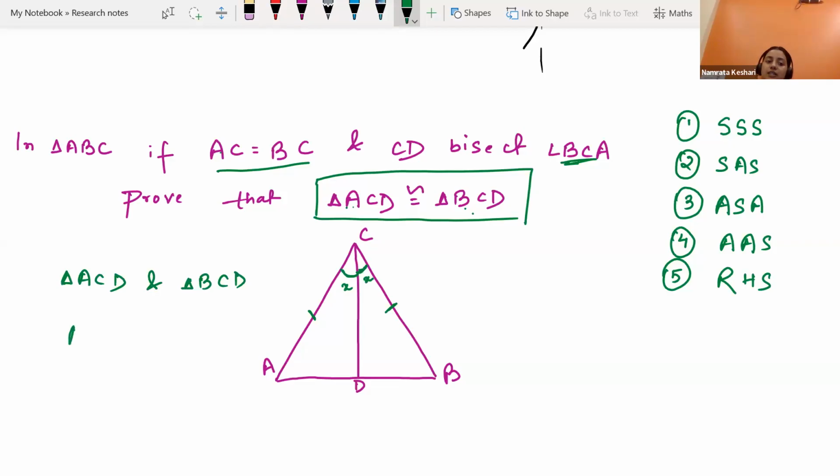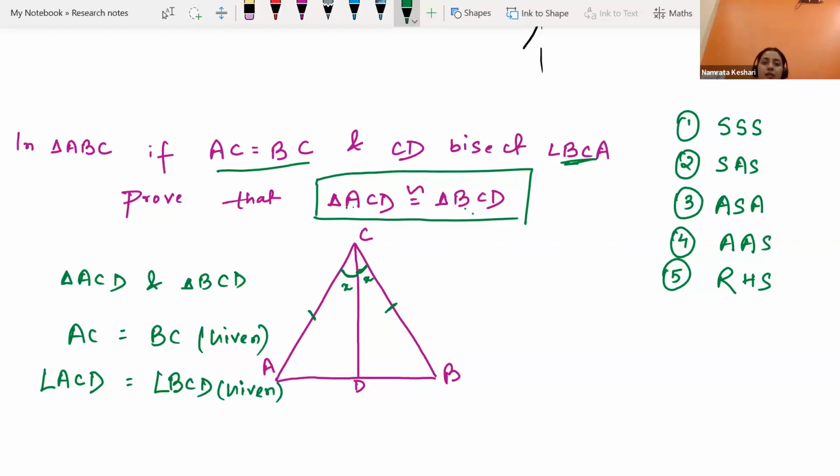It is given that AC is equal to BC, in the question itself. After that, it is also given that angle C is bisected. So angle ACD is equal to angle BCD. This too is given, from the bisecting condition.